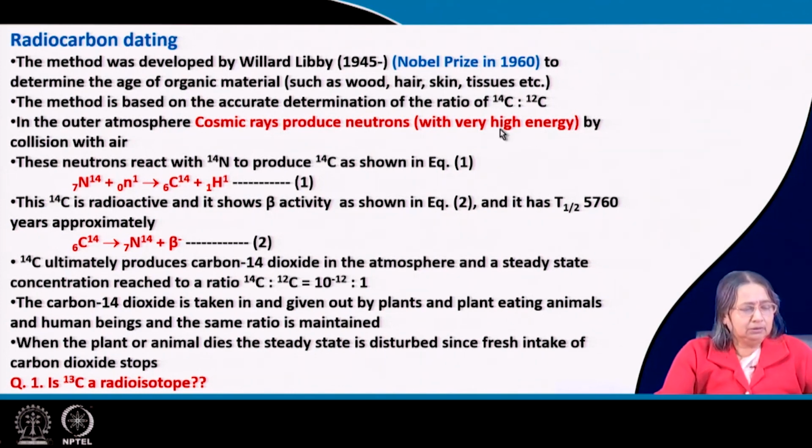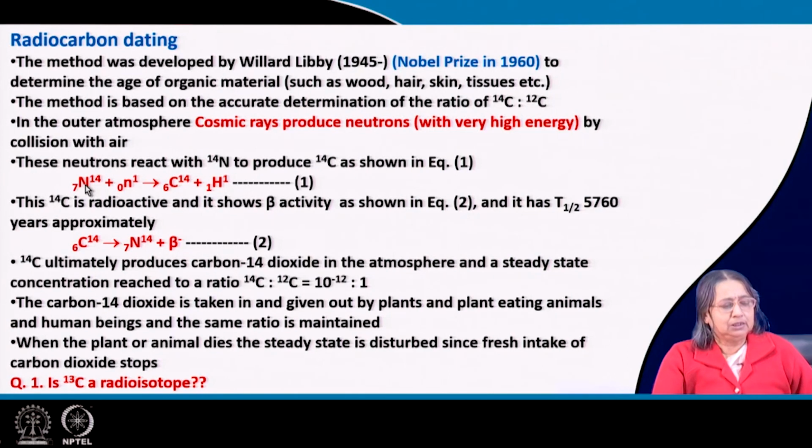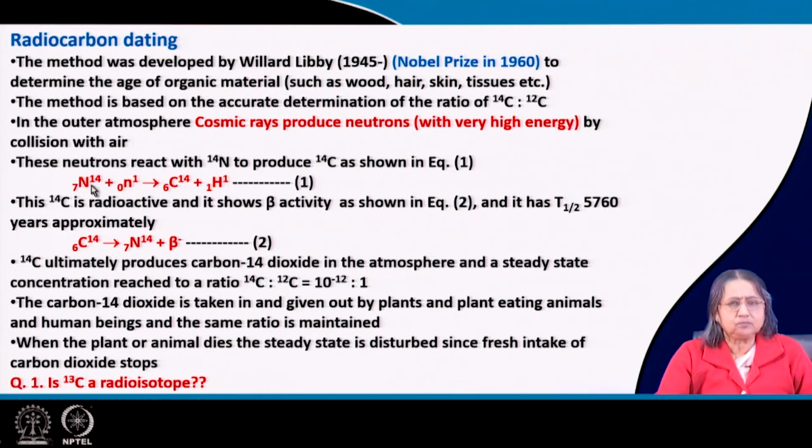Now, these neutrons can react with nitrogen 14. Nitrogen 14 is the common one. Nitrogen 14, with atomic number 7 of course for nitrogen. These neutrons that are generated react with nitrogen.